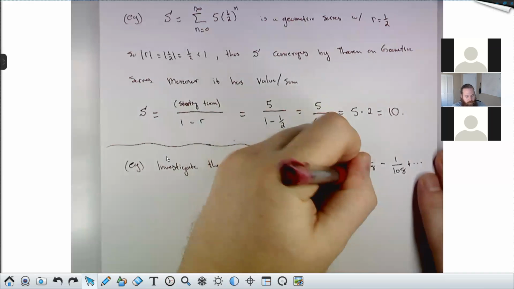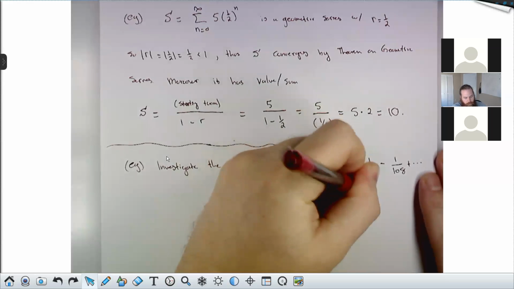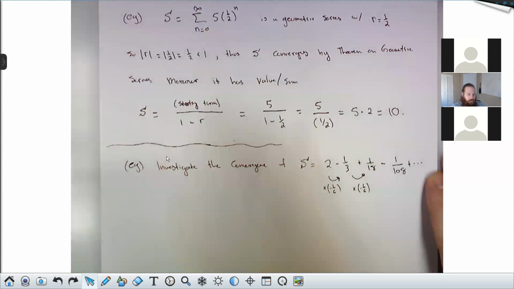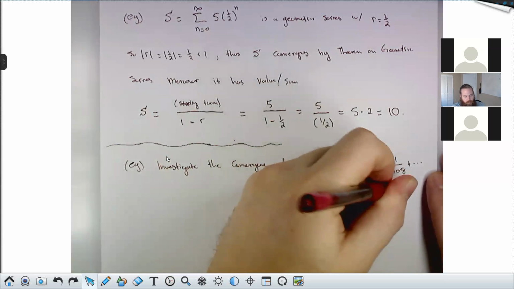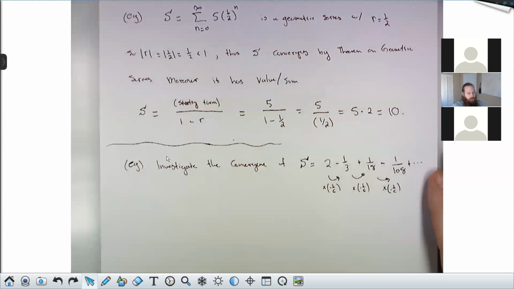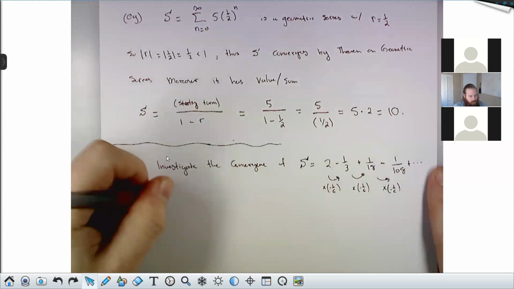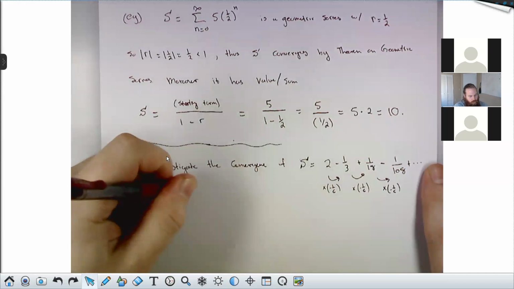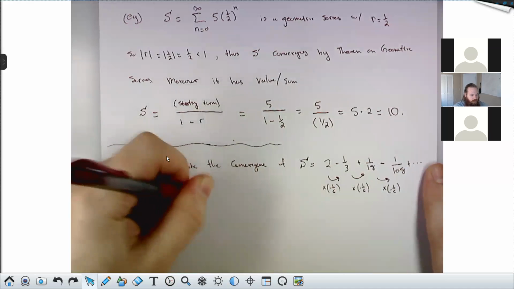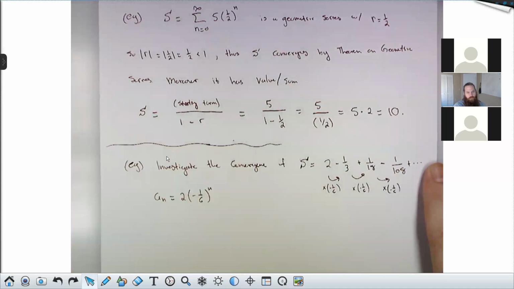And to go from here to here, I multiply by negative 1/6. To go from here to here, I multiply by negative 1/6. So the ANs, the things that are being added up here, look like 2 times negative 1/6 to the n.